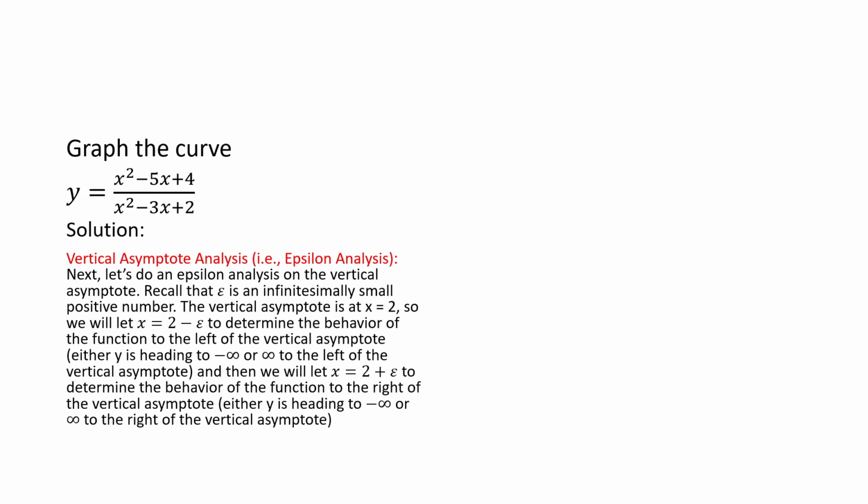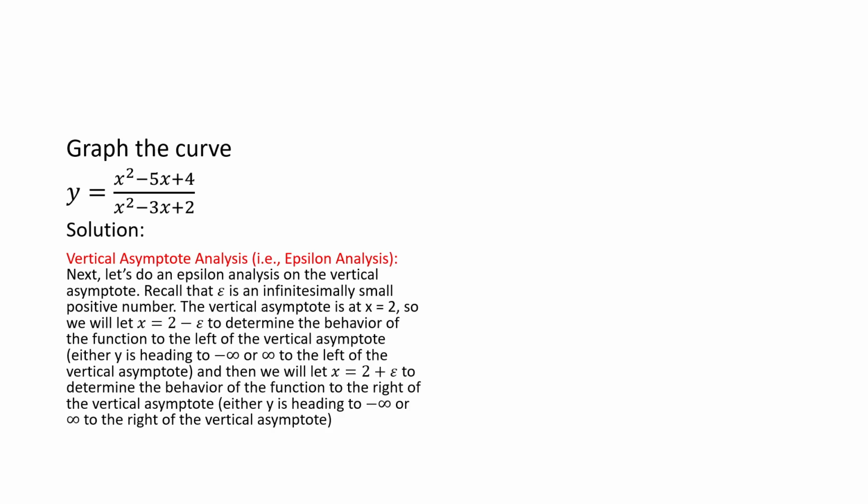Now, our vertical asymptote analysis, this is our epsilon analysis. We know our vertical asymptote is at x equals 2. So we're going to let x be 2 minus epsilon, and then we're going to let x equal 2 plus epsilon. We're going to sub those into the original expression, and then we're going to find out if y is going to be heading towards positive infinity or heading towards negative infinity.